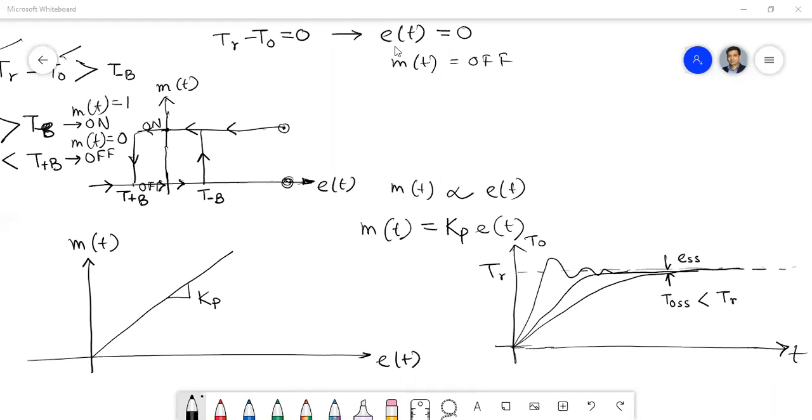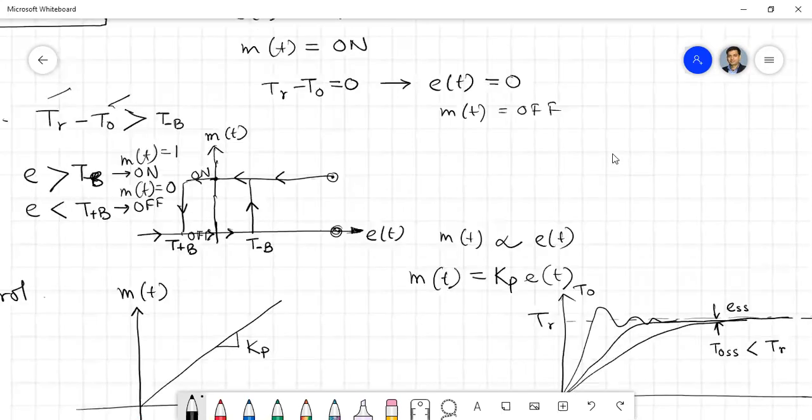Always it will give you some steady state error, and it doesn't have any control on the transient response of the system. Whether the response will be underdamped or undamped is completely determined by the system itself, the process itself. Now, this is about the response.